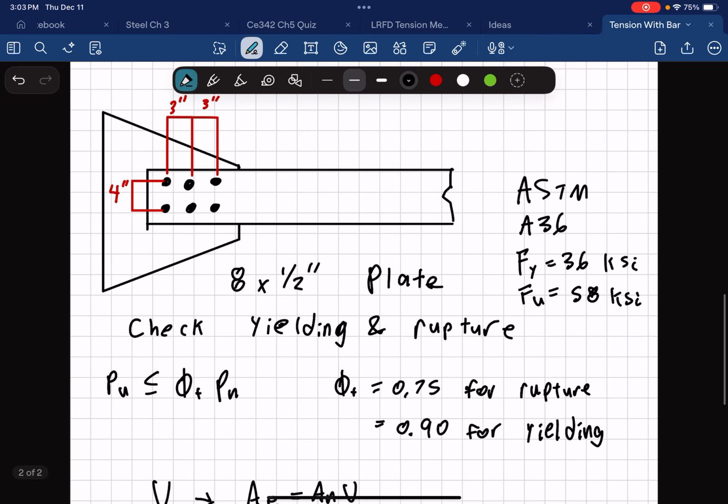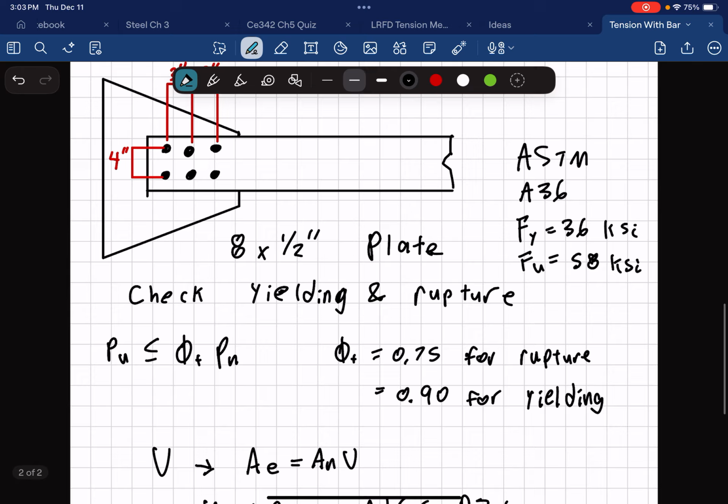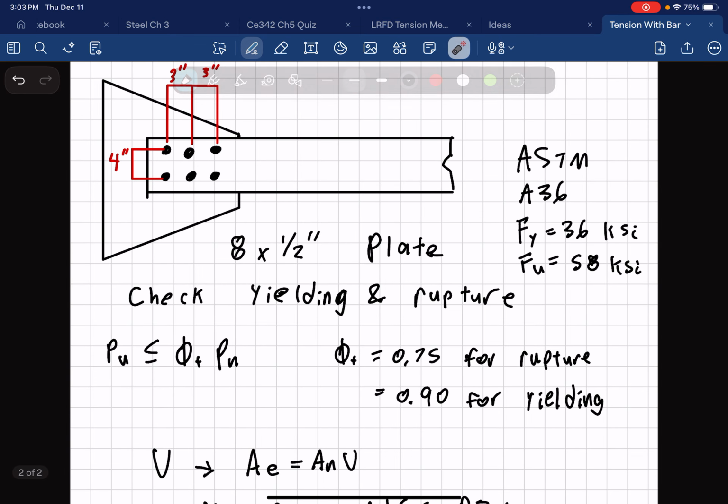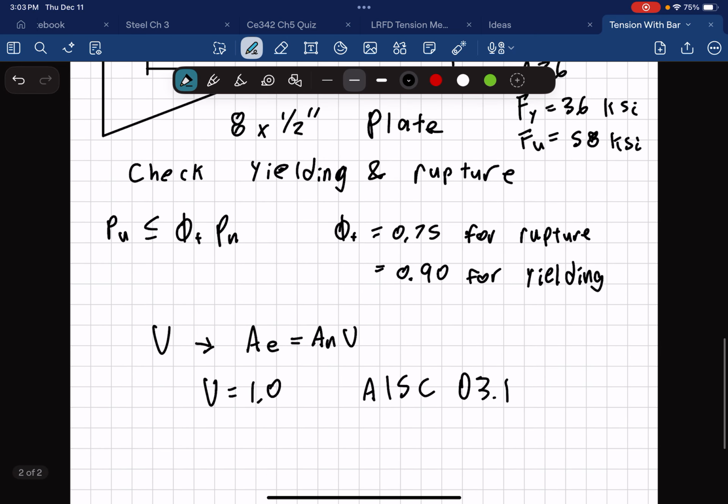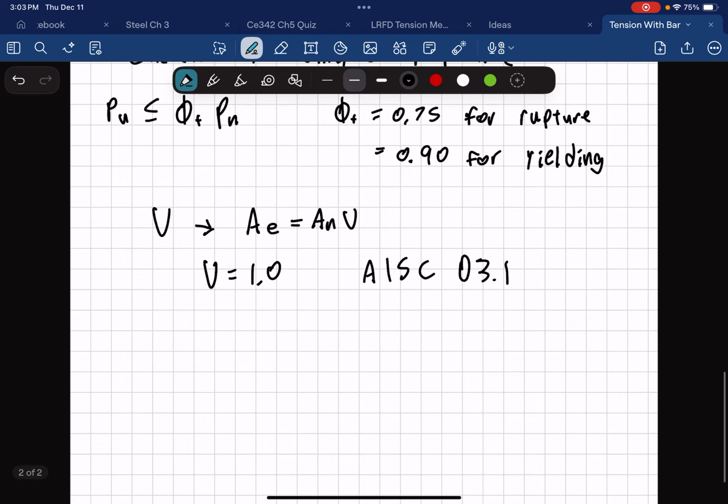Because we have a flat plate here, we are not dealing with any sort of shear lag. If we had an angle and we had a top leg protruding from either the top or the bottom here, then we would have a different scenario on our hands, but we have no shear lag in a bolted flat bar. So that makes this a little bit easier.